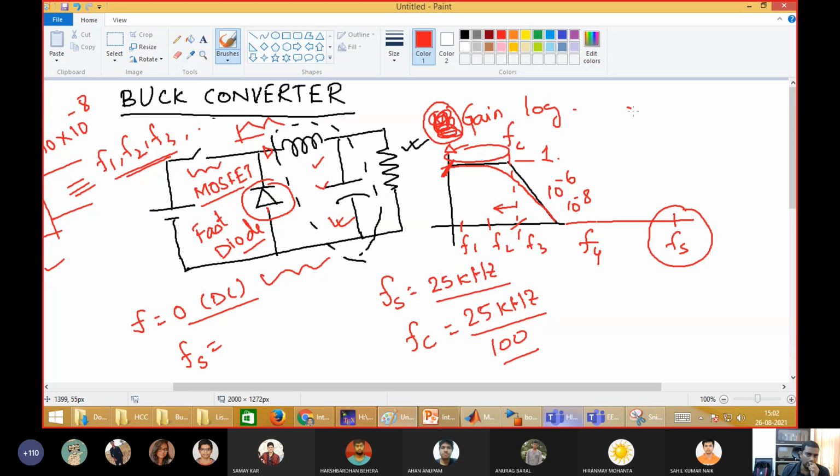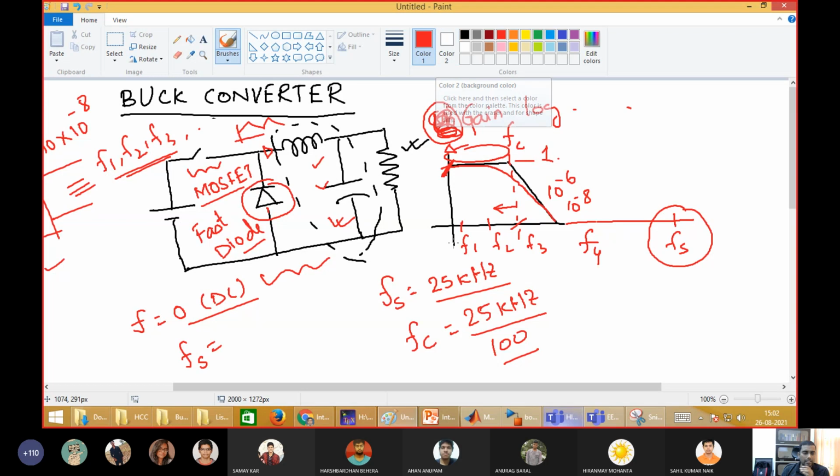Actually, in power electronic circuits we operate at very high frequency in order to reduce the size of the filter circuit components. I used to think about the home inverters that we have at our home, which are square wave inverters: why can't we use a filter to convert that square wave into a sine wave?